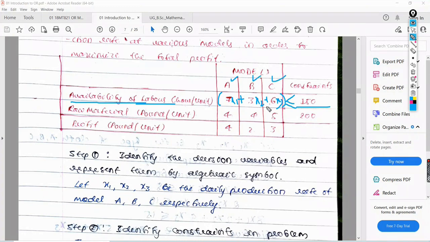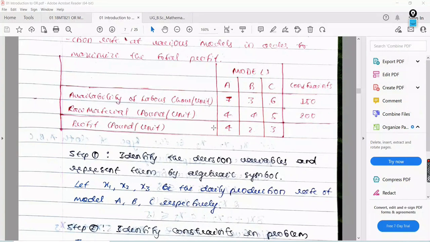Because collectively we are using them in the industry, the sum of these resources is used as per the requirement to produce the models. That is the identification of constraints in the problem.